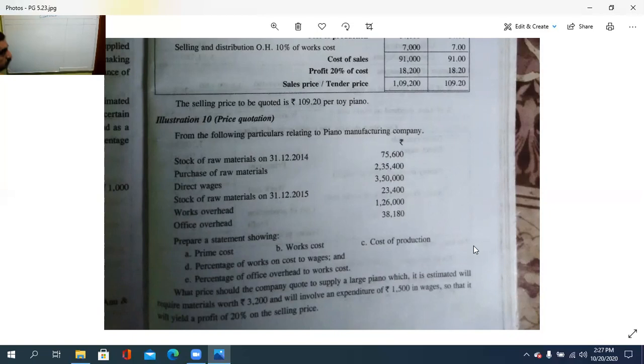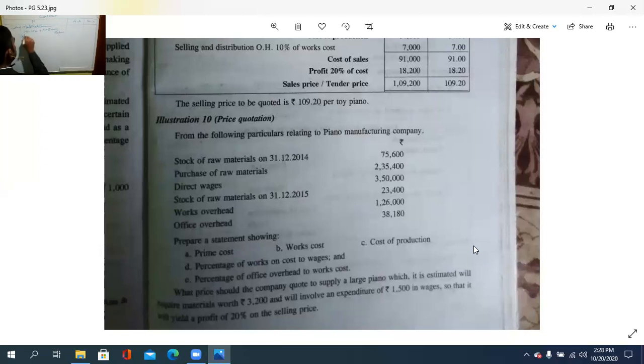So, particulars, the amount, and per unit. So, opening stock of materials. How much it is? Opening stock of materials, it is 75,600.